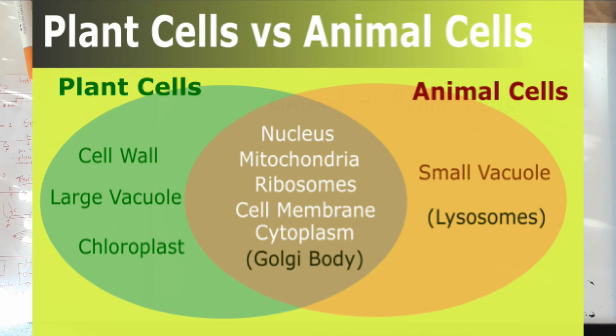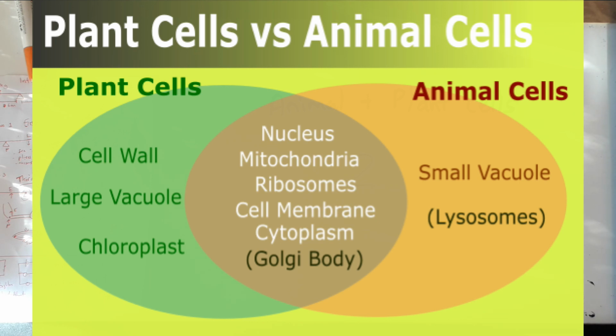Those are the things common to both: the nucleus, the mitochondria, the ribosomes, the cell membrane, the cytoplasm. You'll see the Golgi body in brackets because that's not on the integrated science syllabus. Everything in white in the middle is common to both plant cells and animal cells.